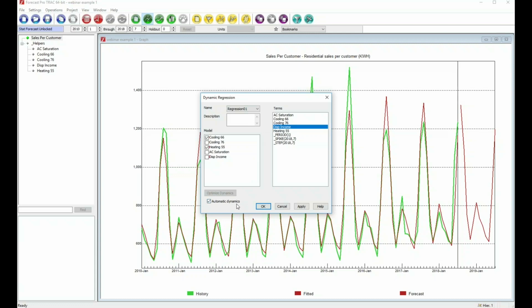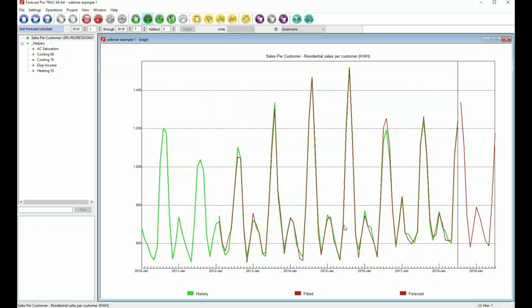This is new in Forecast Pro, and it works very well, and it's how we're going to start this example. So I'm just saying I want a model that's going to include my two temperature variables here, and I want Forecast Pro to automatically do the dynamics. And there it is. Okay, so I click the button and it builds a model.